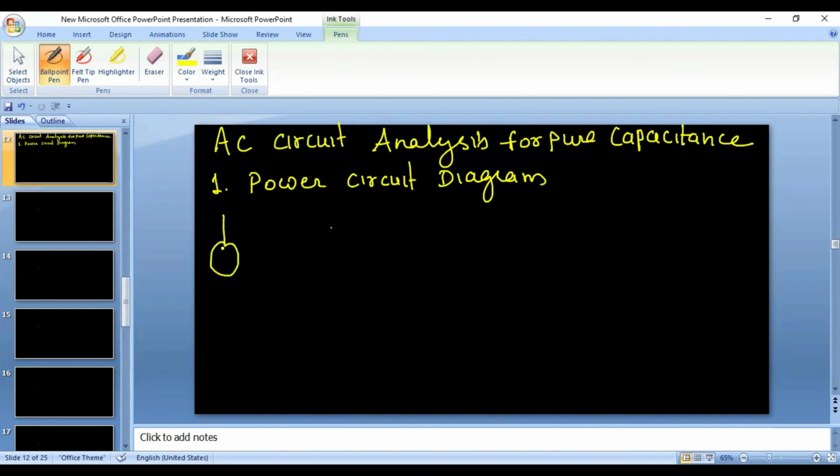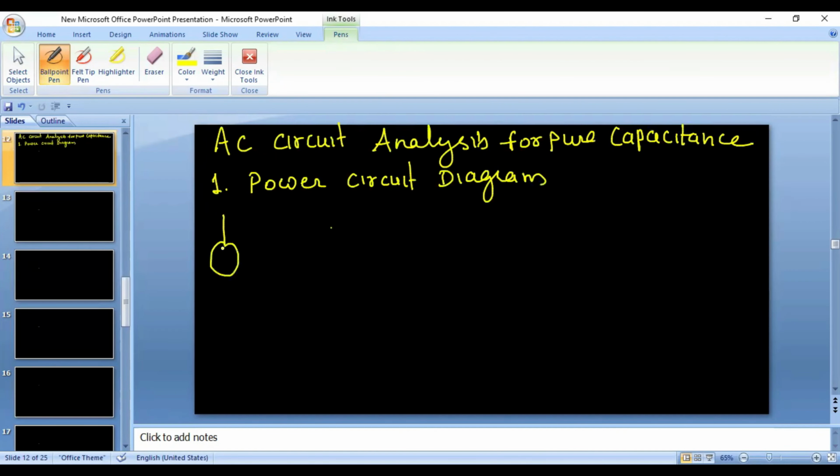So the equation I can rewrite as omega C, which I can write as 1 by omega C in the denominator. So the equation will be Vm times 1 by omega C cos omega t. Now, 1 by omega C is nothing but the capacitive reactance.